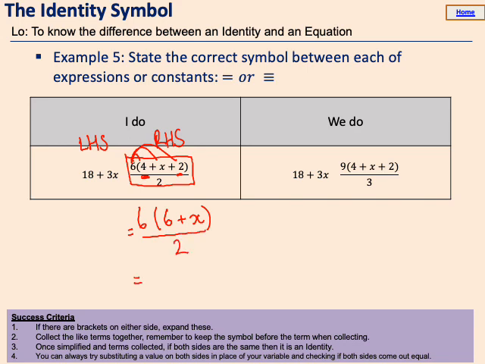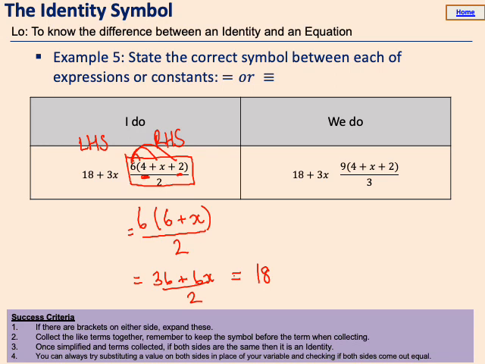So we know from our last example that 6 multiplied by 6 gives us 36. And 6 times x gives us 6x. And then it's all divided by 2. So I'm running out of space. So I will just show. If we're dividing everything by 2, our 36 divided by 2 would give us 18.